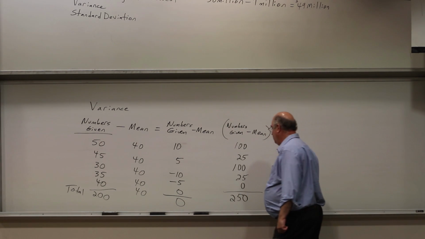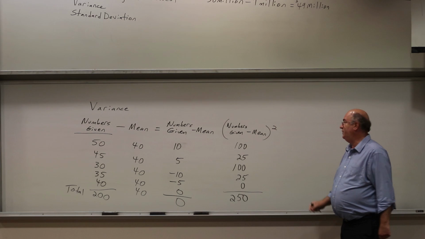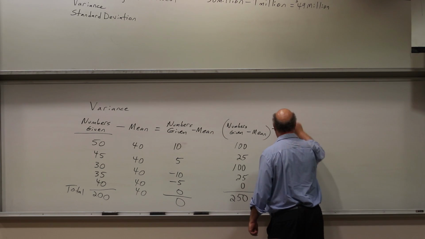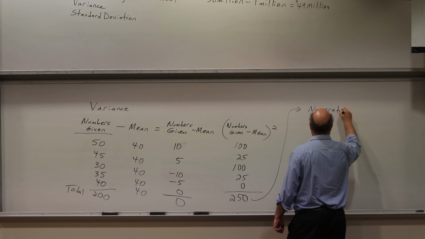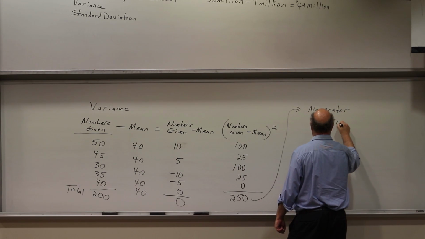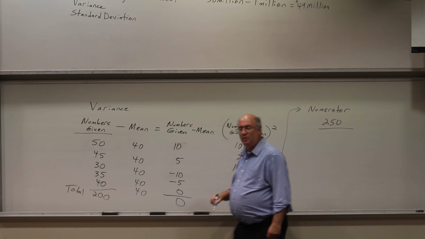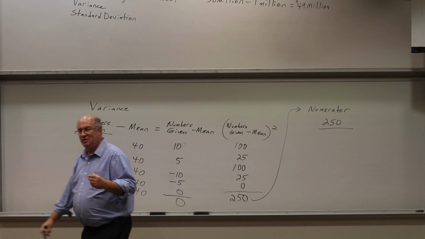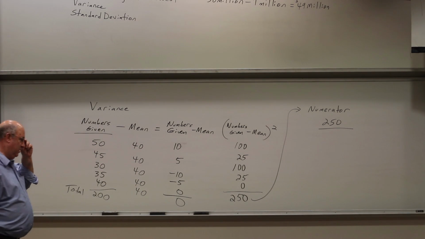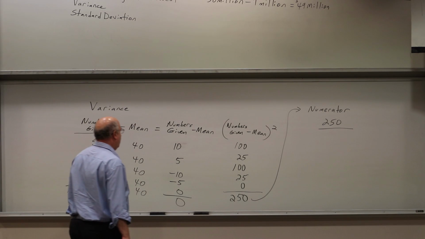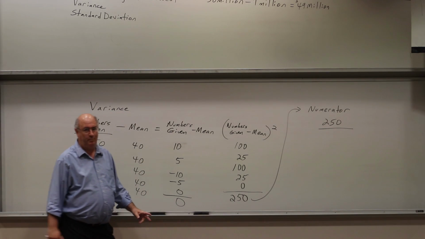Okay, we have a total of 250. That becomes our numerator. Now this is a sample of 5 hockey players. There's more than 5 hockey players on the team. There's more than 5 hockey players in the league, a lot more. Okay, so it's a sample.